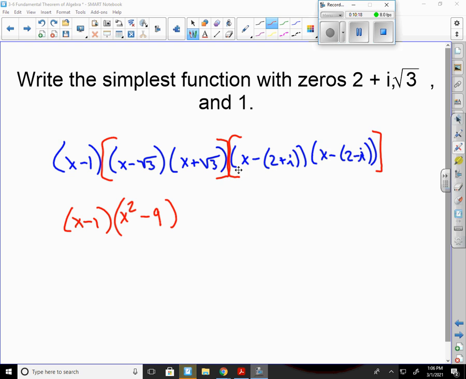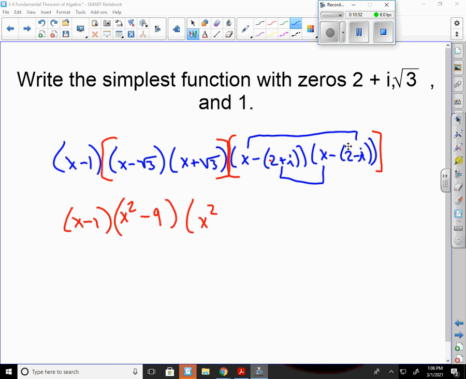Now let's go back to here. So x times x gives me x squared. Now if I do the outer, that's going to give me x times 2 minus i. The inner gives me x times 2 plus i. So those are going to multiply out to give us something a little different here.